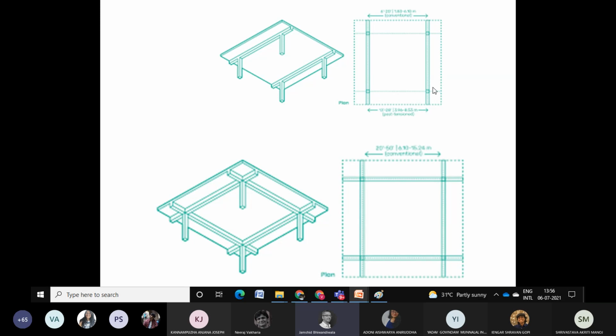I'm sure you are aware of this. This is called a one-way slab system. It has its disadvantage, that means it can span only short spans in and around 3 meters, not more than that. But the great advantage is that it provides great economy by way of the kind of bars that are used.